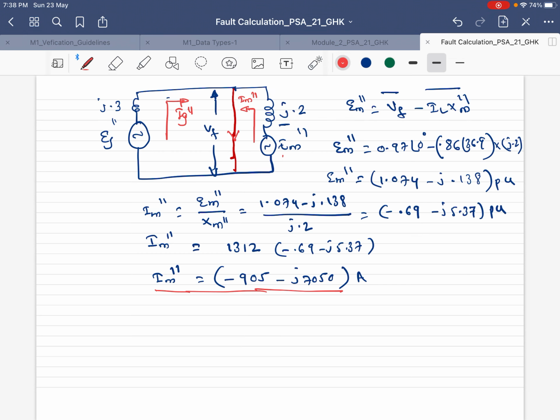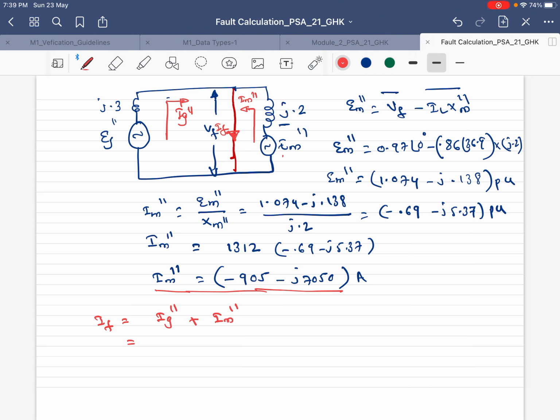Therefore, the total fault current here, that is IF or IF double dash, is nothing but Ig double dash plus IM double dash.